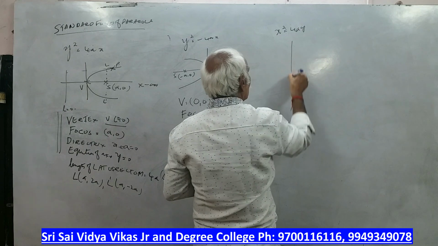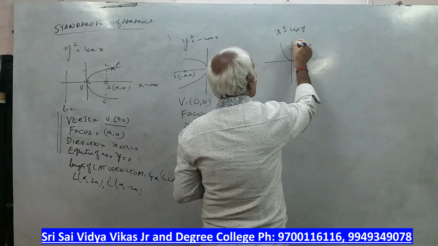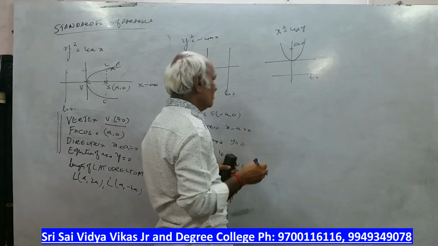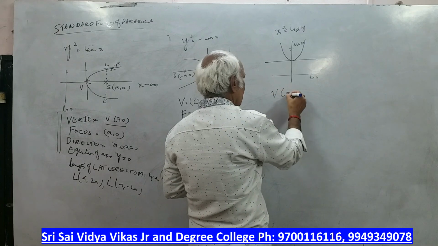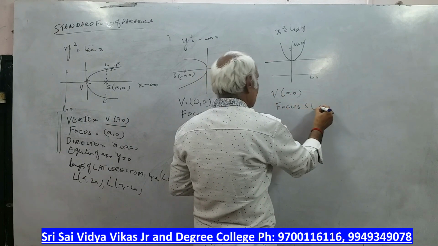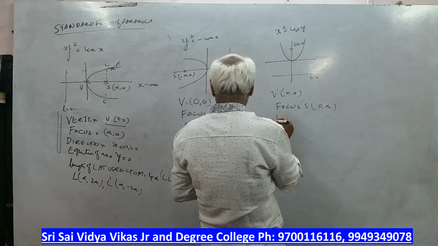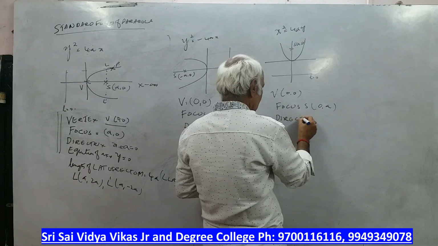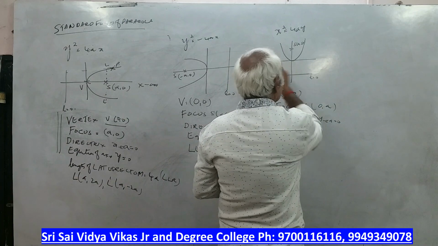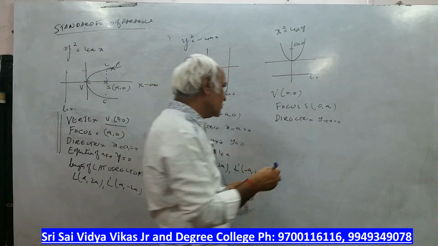y square is equal to 4ay. Again vertex (0, 0), focus S is (0, a), then directrix y plus a is equal to 0 because now it is parallel to the x-axis.